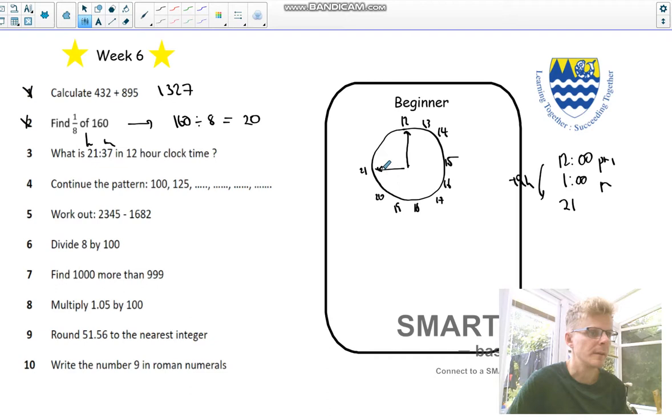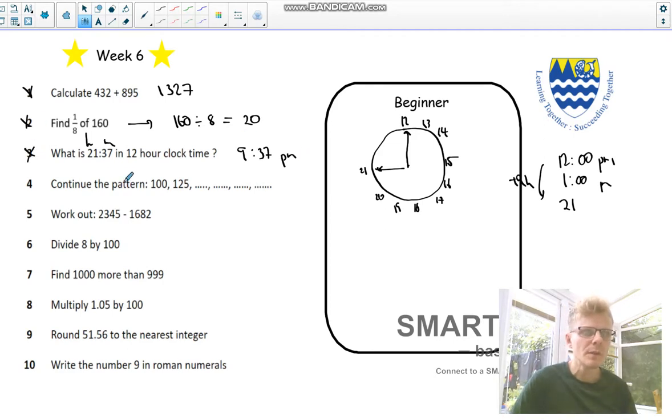It's a bit too long, isn't it? But that would be 9 p.m., okay, in the evening. So we would have 9 hours past midday, and we've still got those 37 minutes. And to show that we're past midday, we put the PM there on our time.